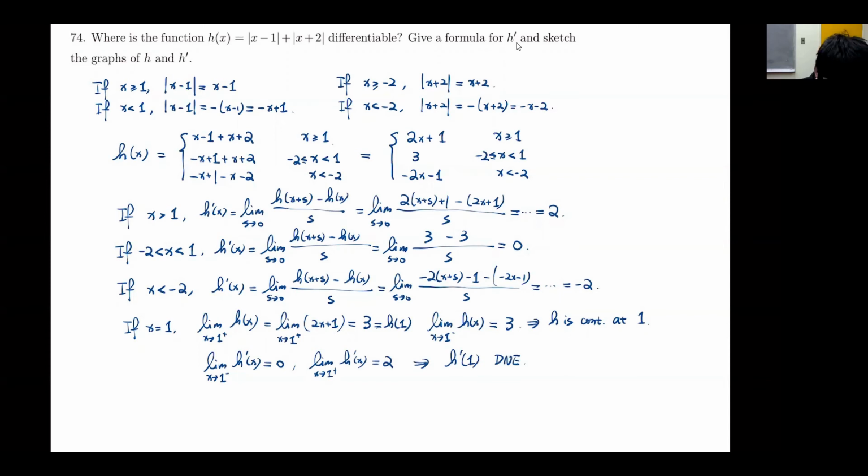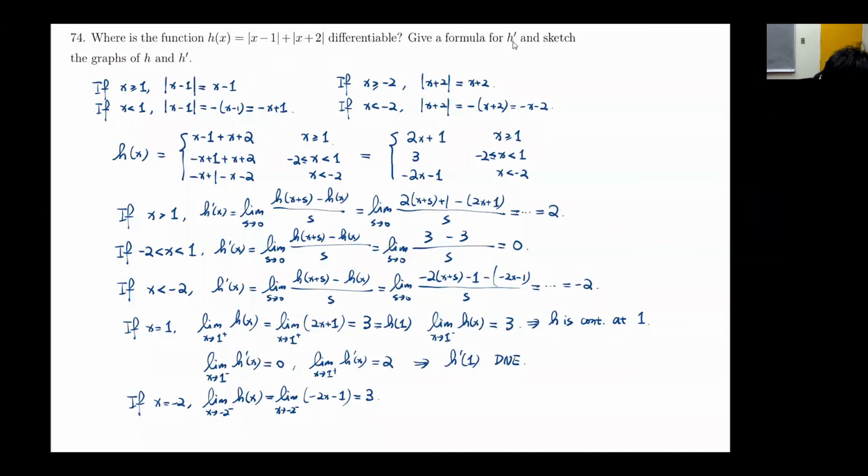Okay, a similar procedure happens for the other critical number, namely x equals -2. Let's just do it very quickly. The limit of the function to the left of -2 is the limit of -2x minus 1 as x approaches -2 from the left, and the answer for this is 3 again.